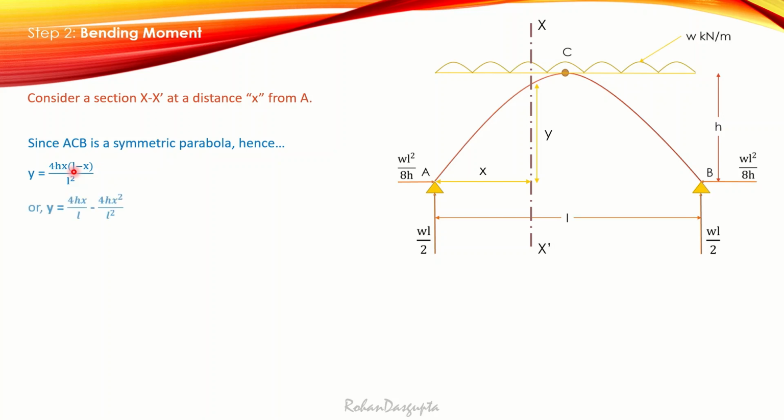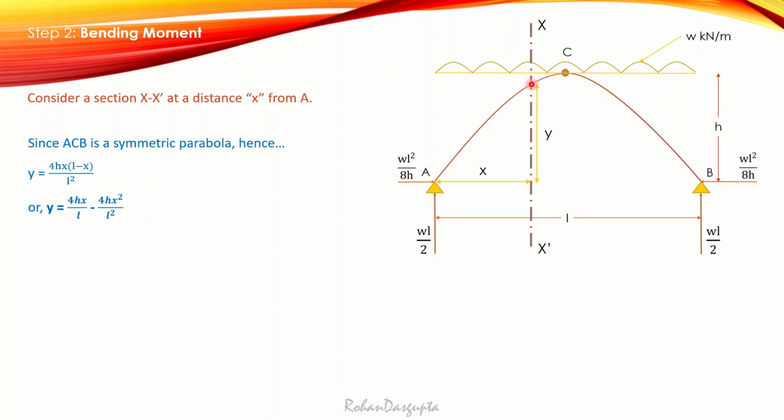And I can simply write this as 4hx divided by L minus 4hx square by L square. Just normal simplification.